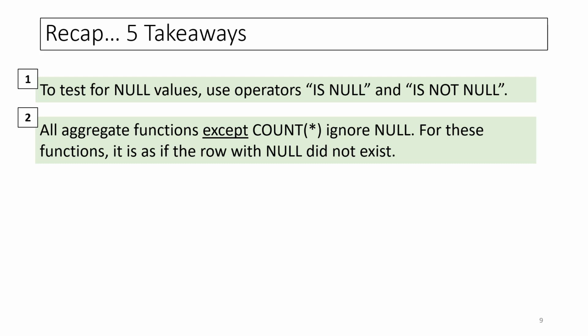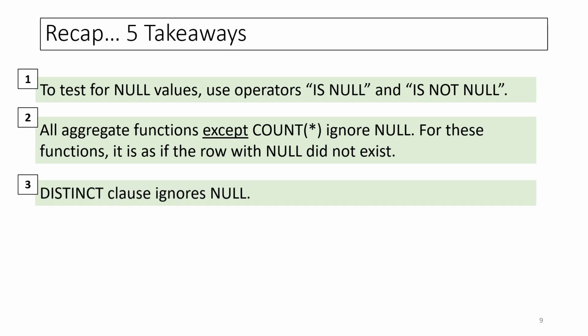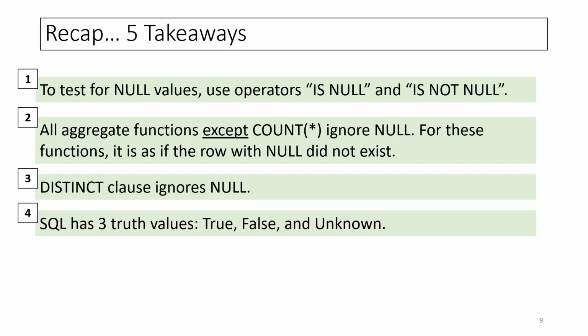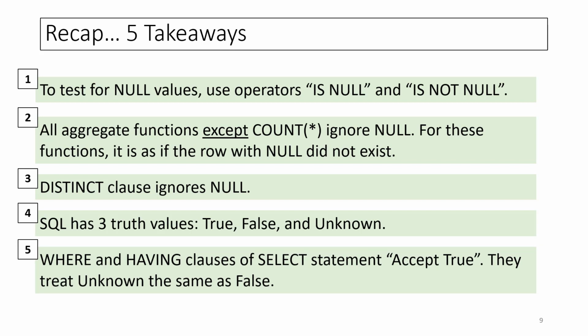For these functions, it is as if the row with null did not exist. 3, the distinct clause also ignores null. 4, SQL has 3 truth values, true, false, and unknown. And finally, 5, where and having clauses of select statement accept true. They treat unknown the same as false.